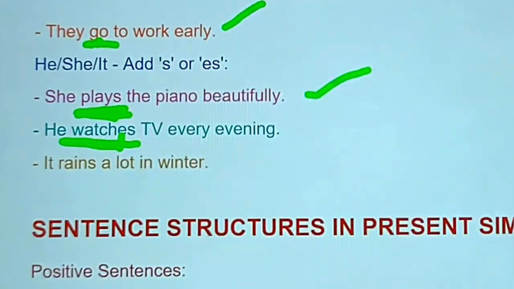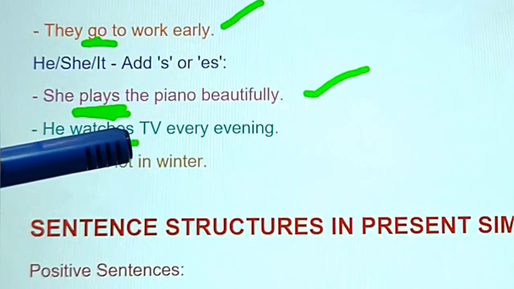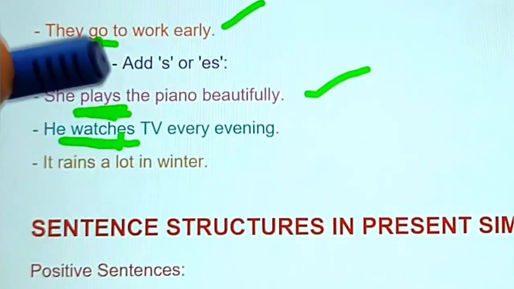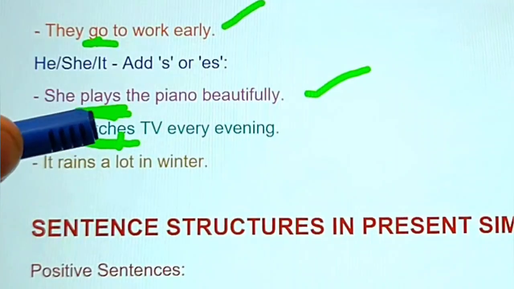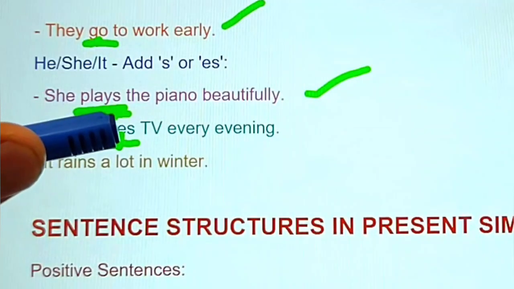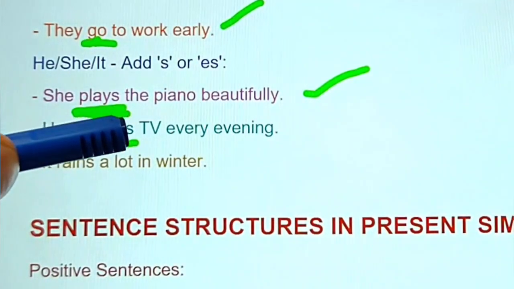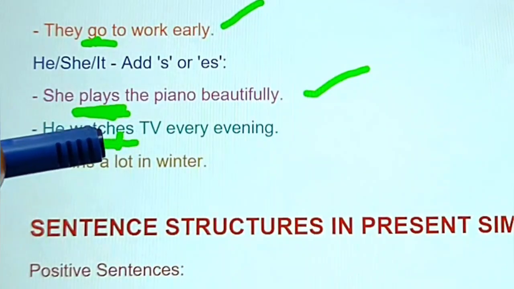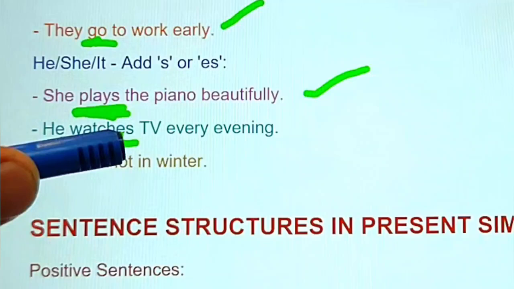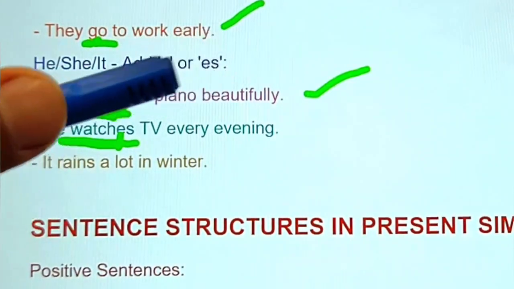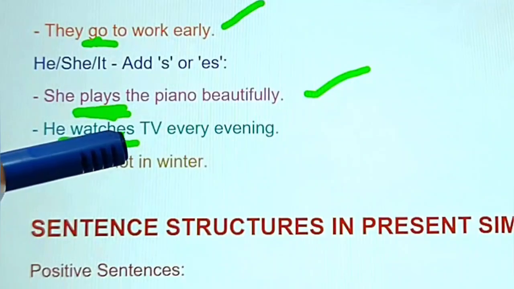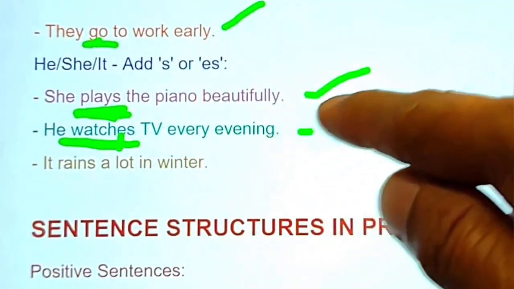So here the base form is watch and we add es behind it, because in some cases when the word ends with ch or sh, we add es behind the base form. So here the word ends with ch and we add es. So he watches TV every evening.